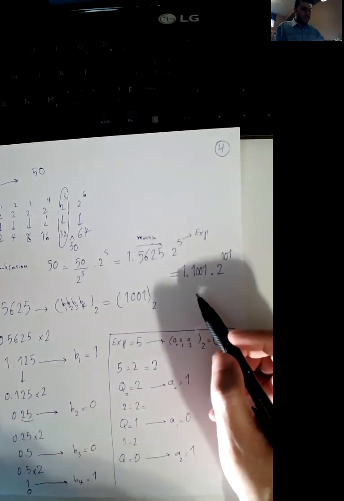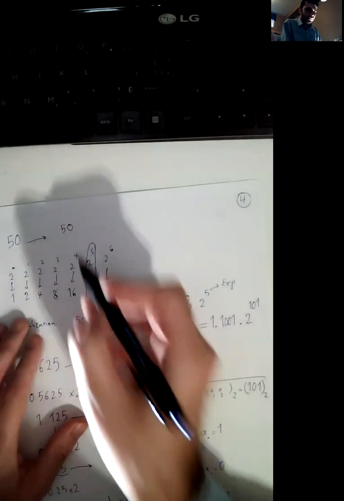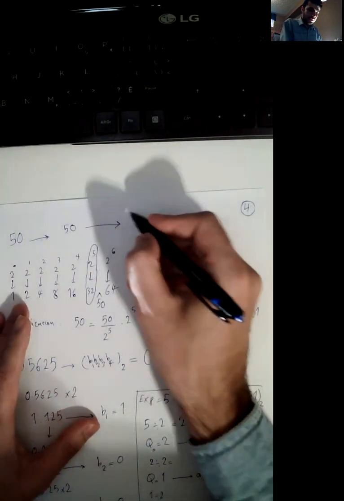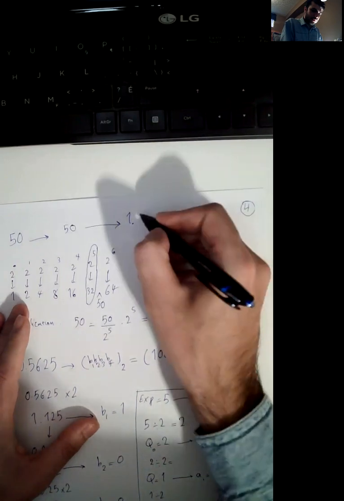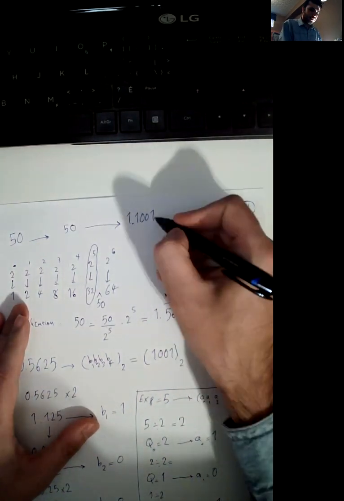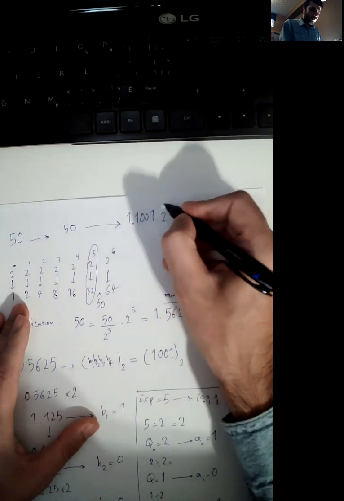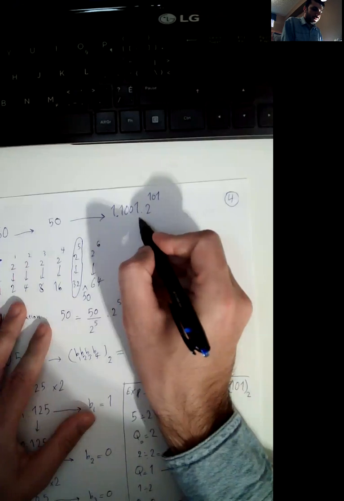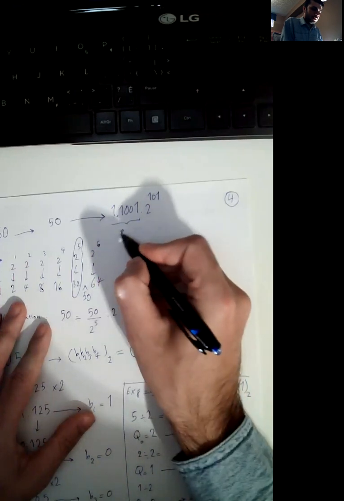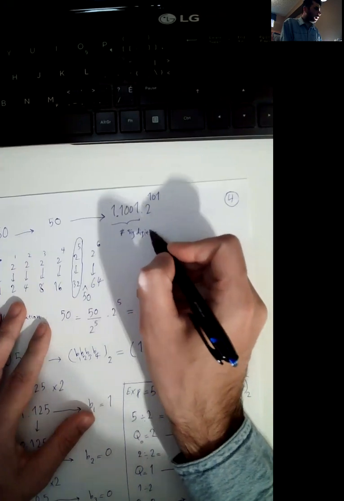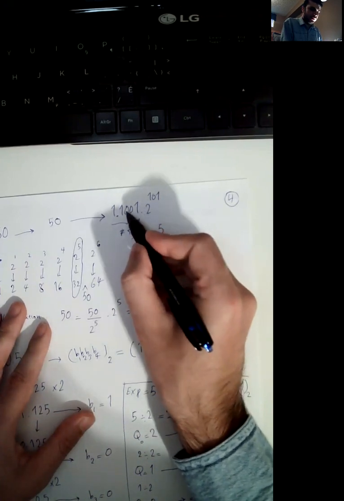So the number 50 in binary floating representation is 1.1001 times 2 to the power of 101. And the number of significant digits is 5: 1, 2, 3, 4, 5.